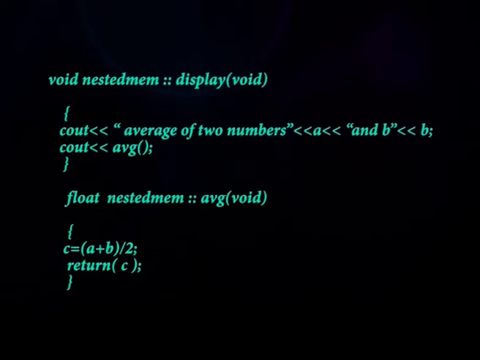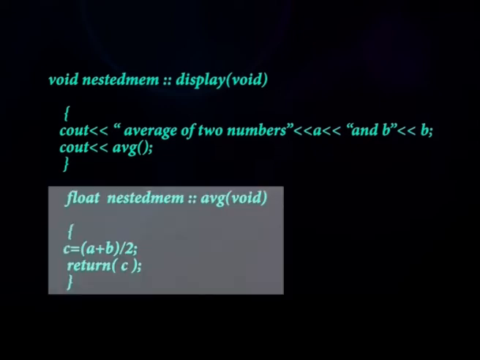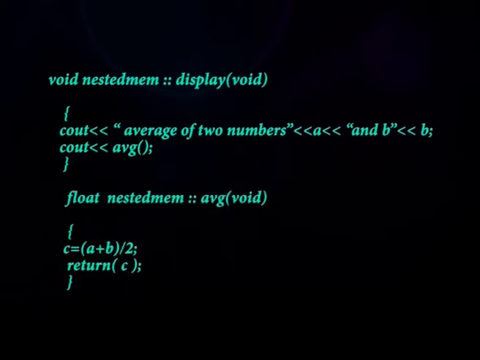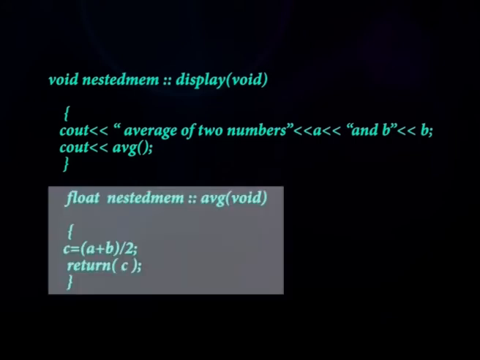Have you noticed that it is calling the AVG function without scope or dot? This is the definition of member function AVG to calculate the average of A and B and return it through the class.